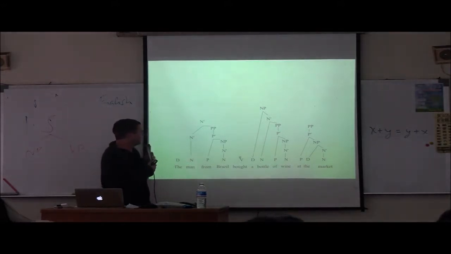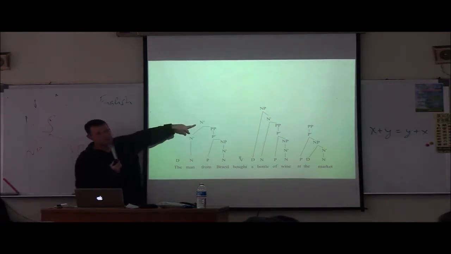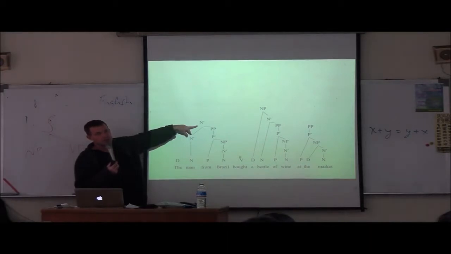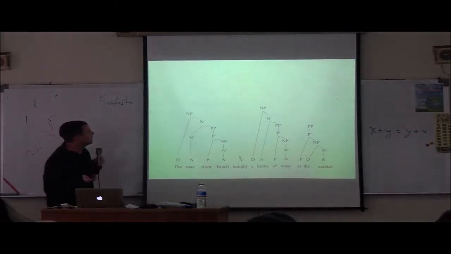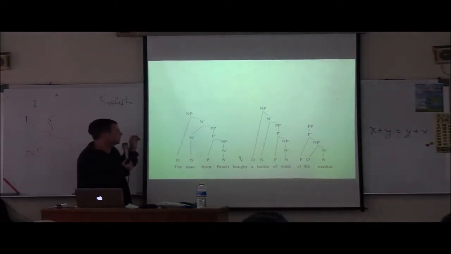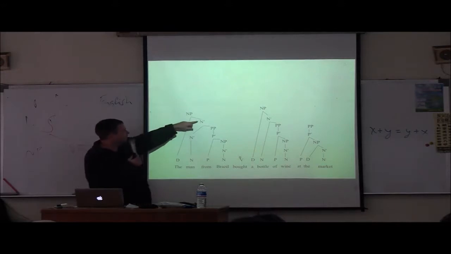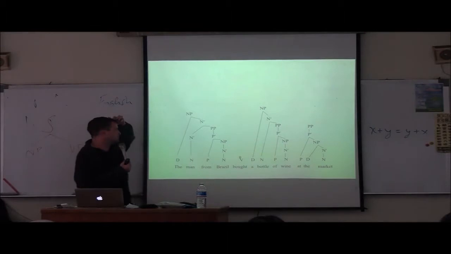Okay, so the number of N bars in this tree is going to be equal to the number of adjuncts plus 1. The number of adjuncts is 1, so the number of N bars will be 2. So, the man from Brazil, excuse me, has 2 N bars. 1 for the head, 1 more for the adjunct.